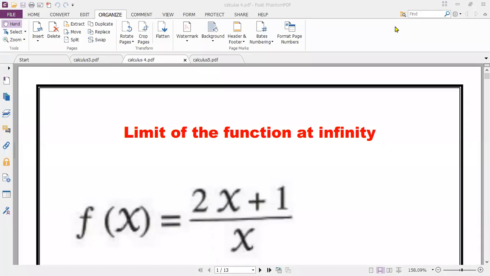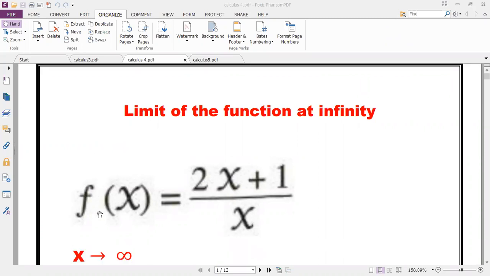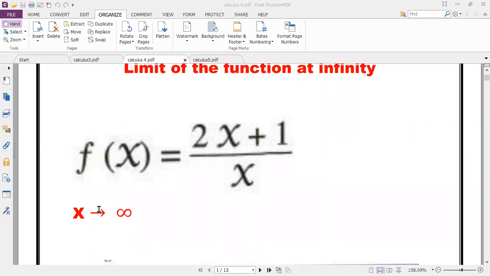Now let's go to the limit of the function at infinity. And let's have a look at this function here. f of x is 2x plus 1 divided by x, x approaches infinity. So here, if we wrote infinity instead of x, it will be 2 times infinity plus 1 all divided by infinity. 2 times infinity plus 1 is infinity at the top, and at the bottom we have infinity, so infinity over infinity.